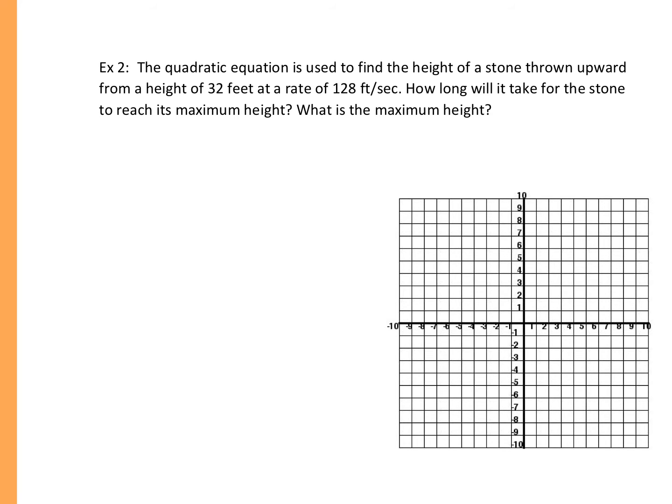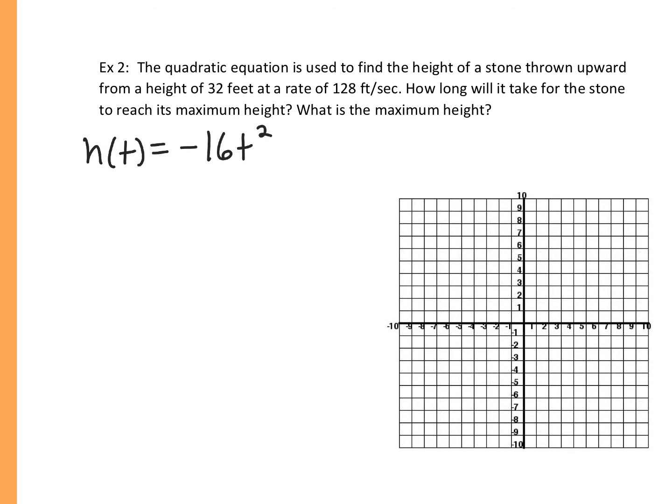All right, so putting this in our equation, we always start off with h of t equals, our first term is always going to be what? Negative 16t squared. Good. Then comes what?